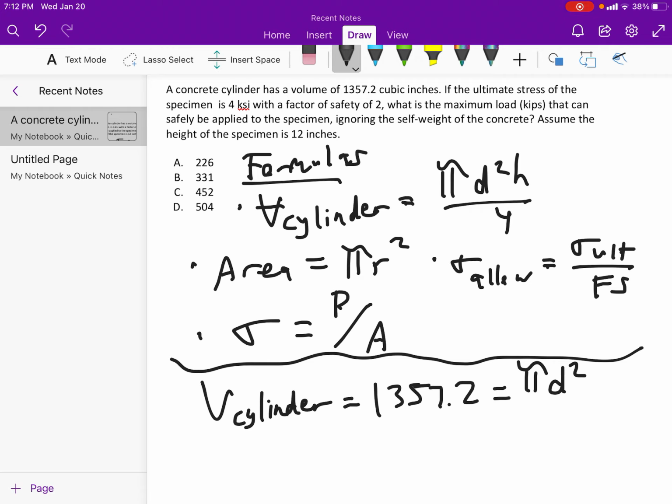We know from up here that the height of the specimen is 12 inches. And all that is going to be divided by 4. So you come up with d equals 12 inches, and r, which is the radius, equals 6 inches.